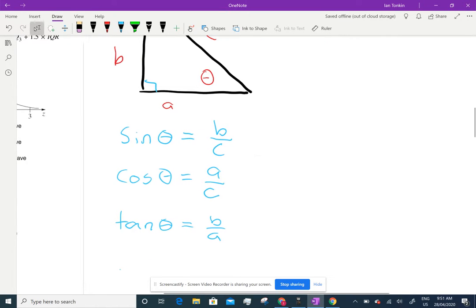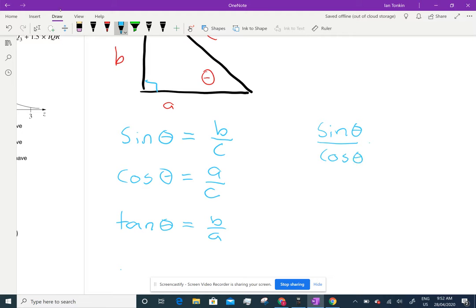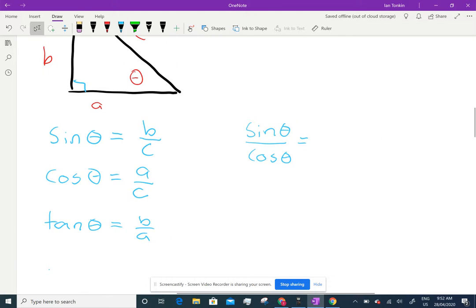Now watch what happens here. If I take sine theta over cos theta, and I write that, well, what's that? Well, we already said sine theta is B over C. So B over C, and cos theta is A over C. Oh, what do we do when we divide by a fraction? Well, we multiply by the reciprocal. All right, see, I've turned that bottom fraction upside down.